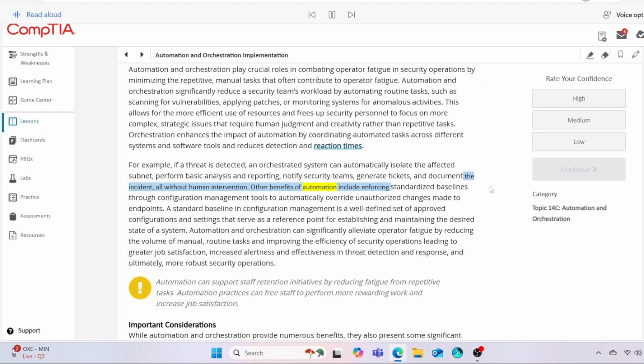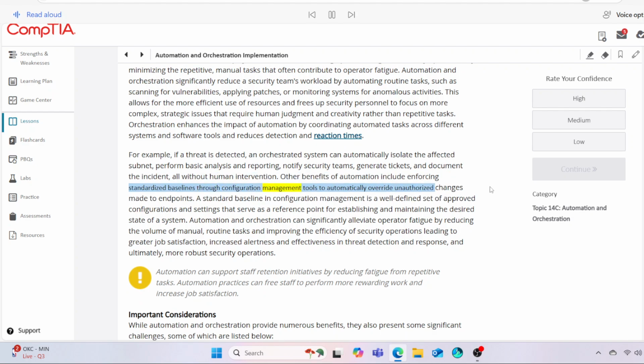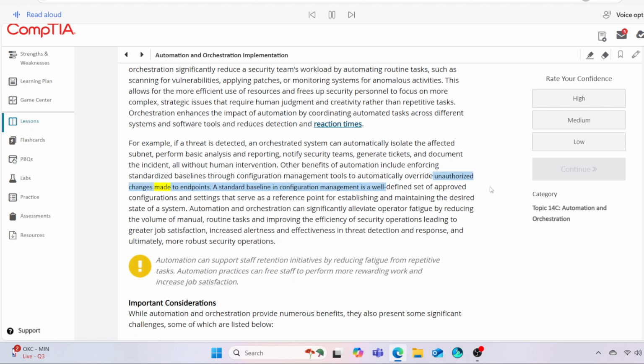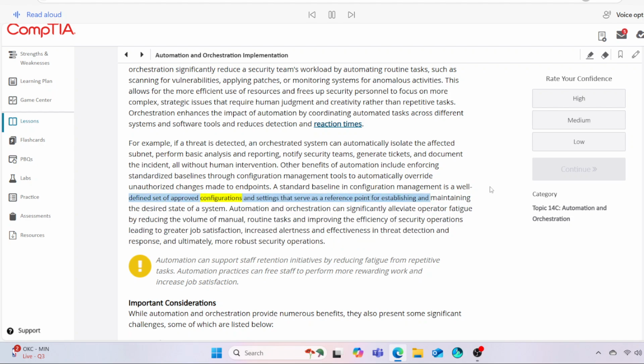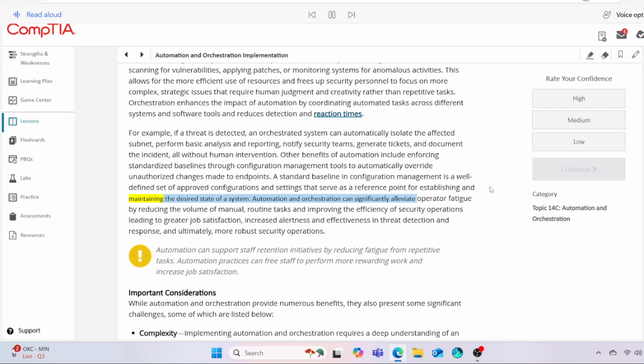Other benefits of automation include enforcing standardized baselines through configuration management tools to automatically override unauthorized changes made to endpoints. A standard baseline in configuration management is a well-defined set of approved configurations and settings that serve as a reference point for establishing and maintaining the desired state of a system.